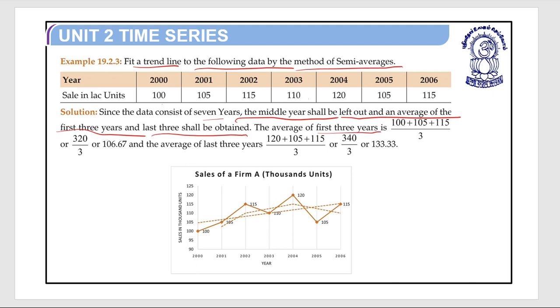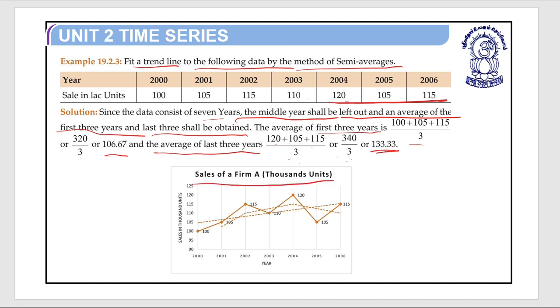The average of first 3 years is 100 plus 105 plus 115 upon 3, or 320 by 3, or 106.67, and the average of last 3 years is 120 plus 105 plus 115 divided by 3, or 340 by 3, or 113.33.